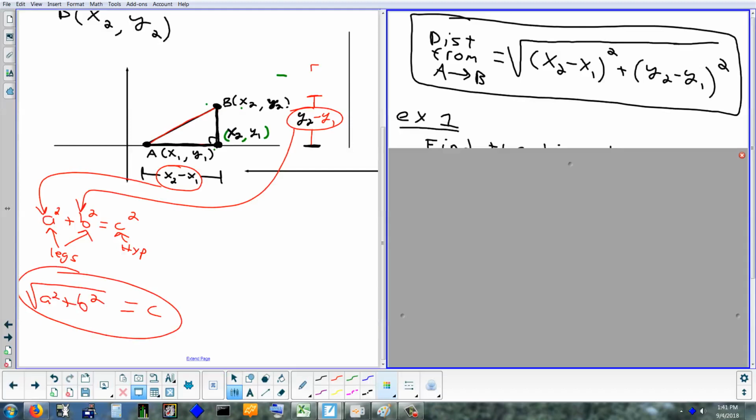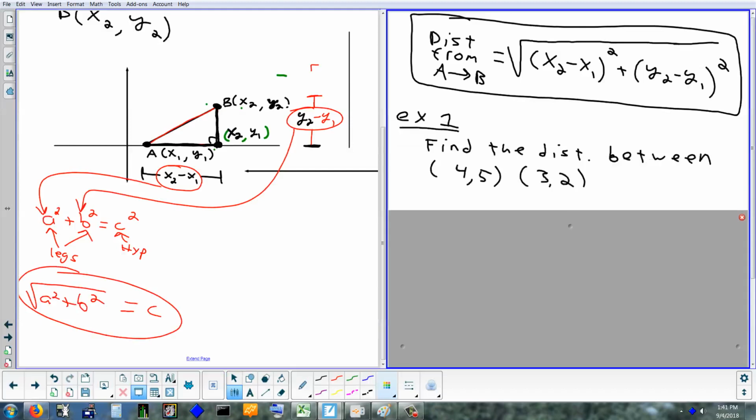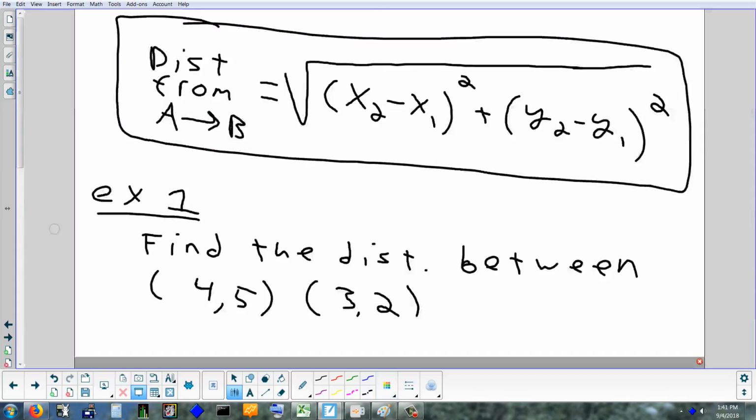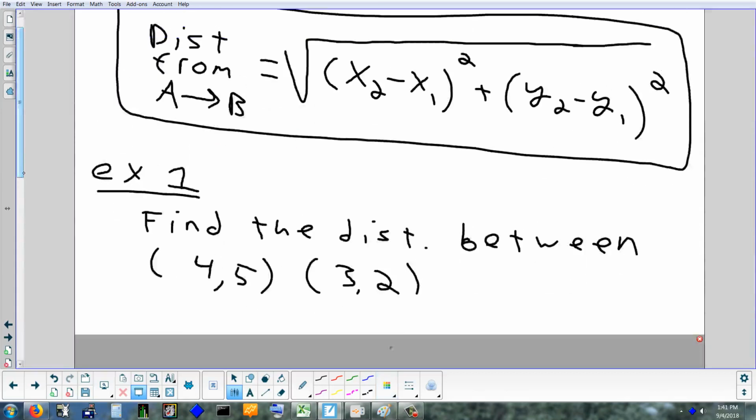Right, so now we'll try that with some actual numbers. Okay, so I want to find the distance between the points 4, 5 and 3, 2. Now, nothing here is labeled x1, x2, y1, or y2. So, Tiffany, let's start with the 4. Right now, I have a choice of what I want to label that.